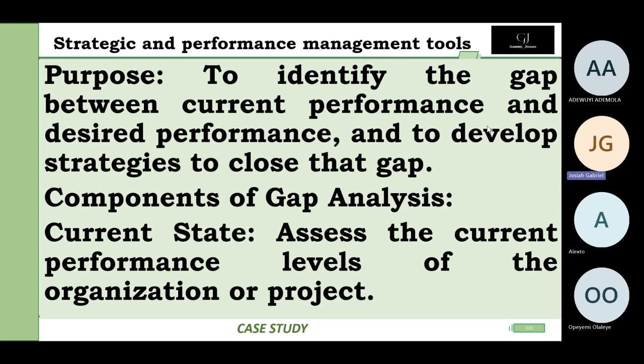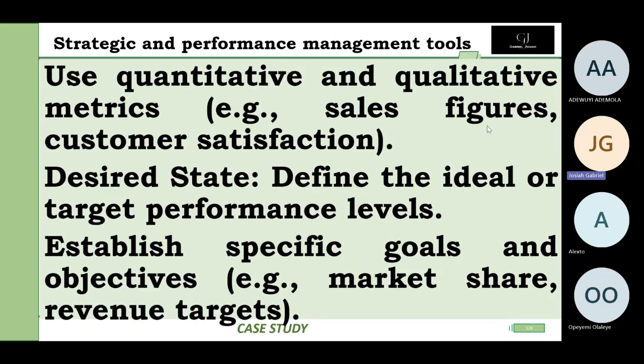That's gap analysis. So the components of gap analysis include knowing your current state as a company, assess the current performance, your key performance, assess them, and the levels of the organization and the projects it's handling. So the current state is very important, a component of the gap analysis.